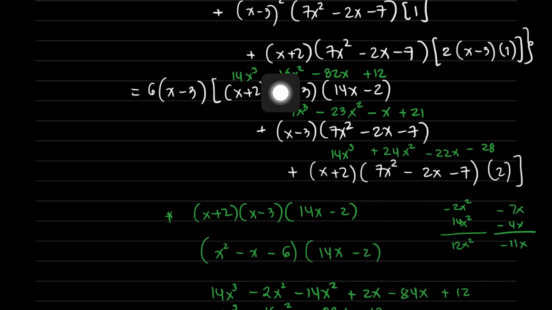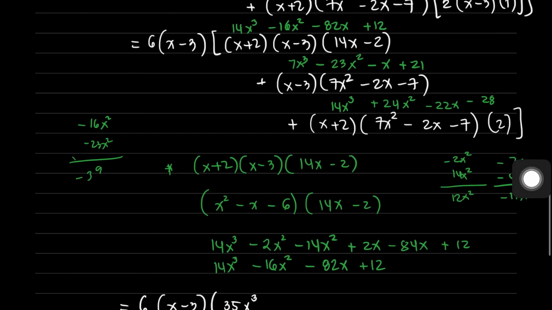Next, negative 16x squared. Alright, so let me just rewrite it here. Negative 16x squared, negative 23, so that will give us negative 39x squared.